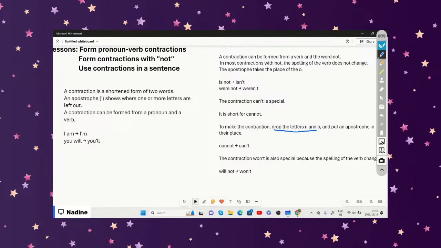In order to make our contractions, we just drop one or two letters and add the apostrophe in its place to get the shortened form of those two words. We made an example of can't and cannot, where we dropped these two letters, N and O, added our apostrophe and got our contraction, which is can't.